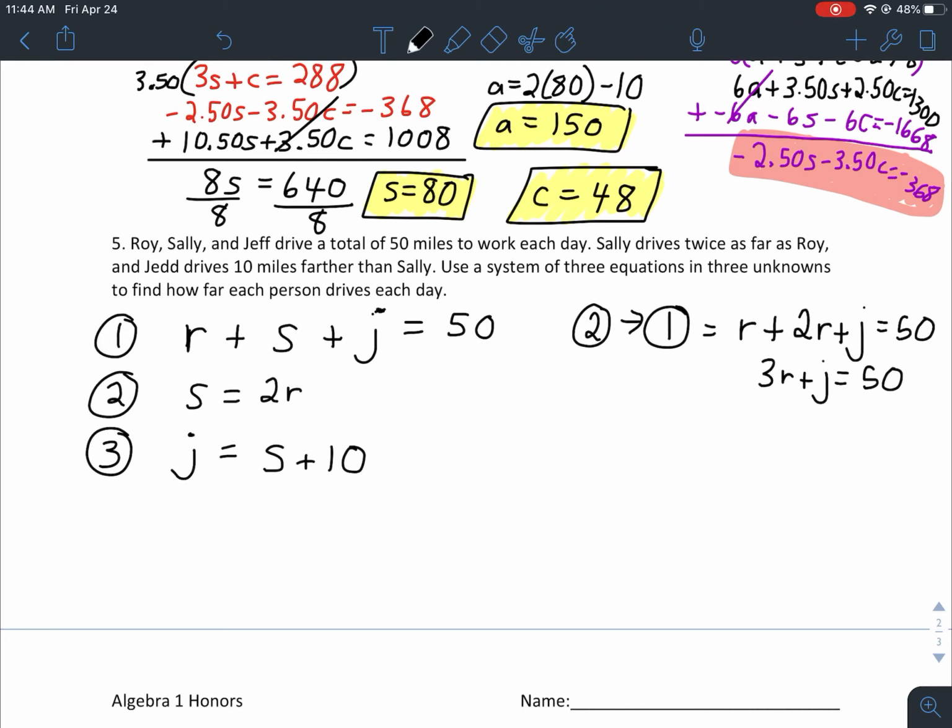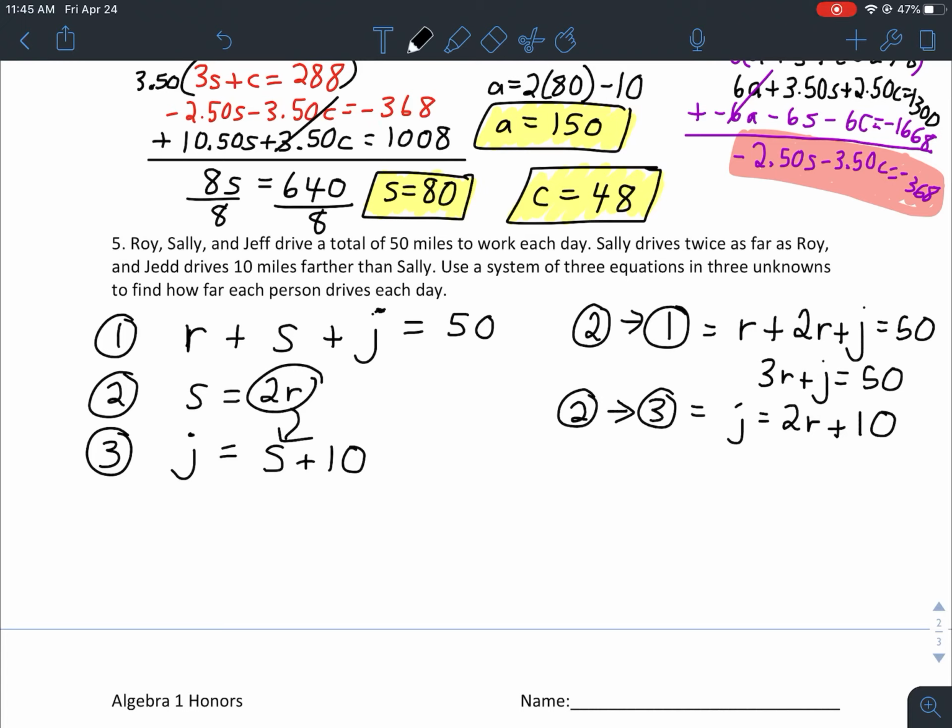Okay, so now if I take a look at this next one, what if I plug equation 2 into equation 3? Why I would want to do that is if I take this and plug it in for S, then it'll be in terms of J and R, just like the other equation. So I'm going to do that. And now I'm going to have J equals 2R plus 10.